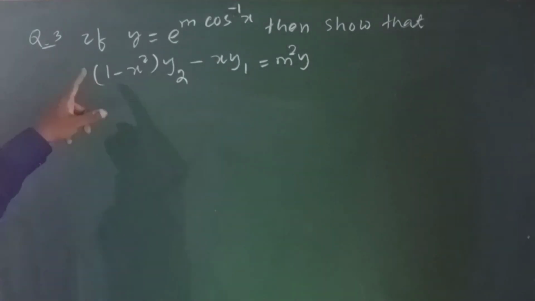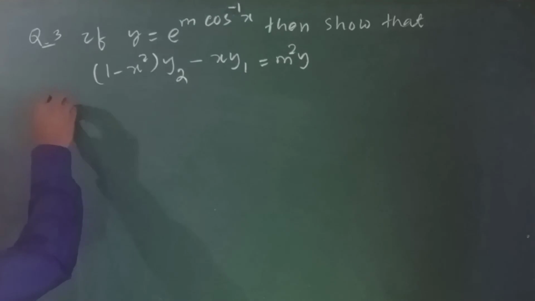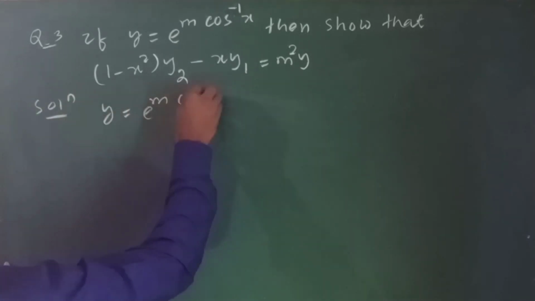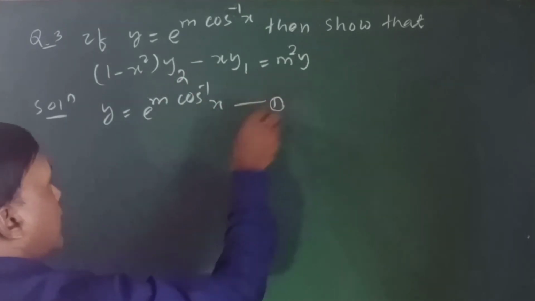Another important question, if y is equal to e to the power m cos inverse x, then show that 1 minus x square whole into y2 minus x into y1 is equal to m square y. Now the solution is, here given y is equal to e to the power m cos inverse x.